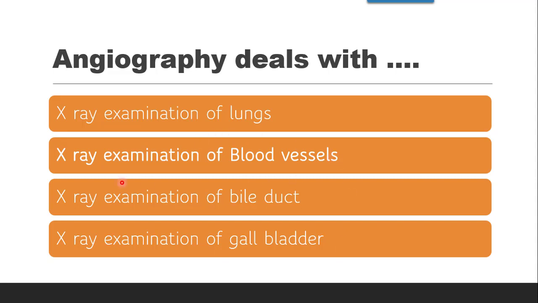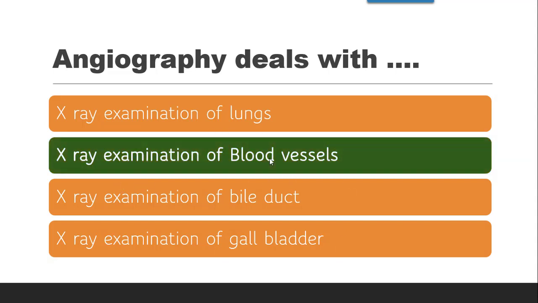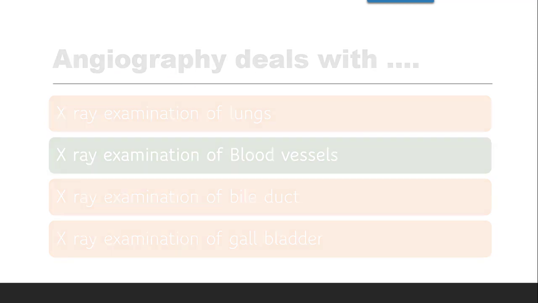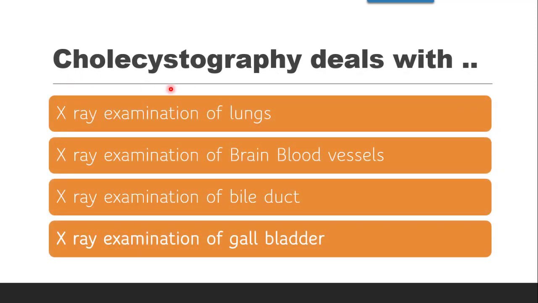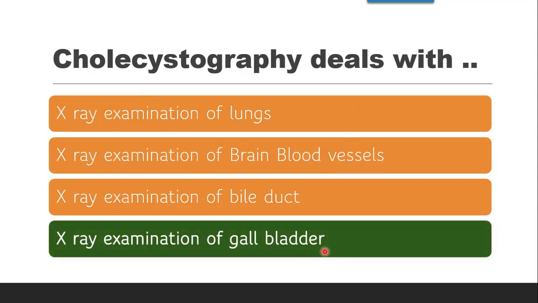The correct answer is X-ray examination of blood vessels, arteries plus veins. Next question is, cholecystography deals with. Cholecystography deals with the gallbladder. So the correct answer is X-ray examination of the gallbladder. And cholangiography is the bile duct.